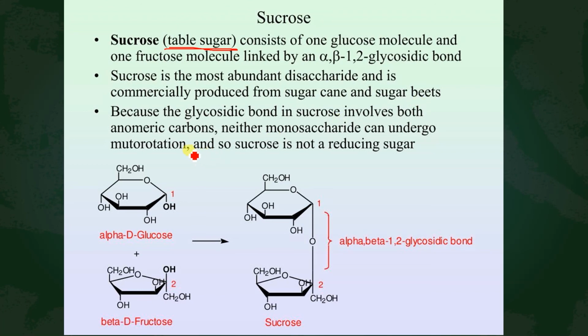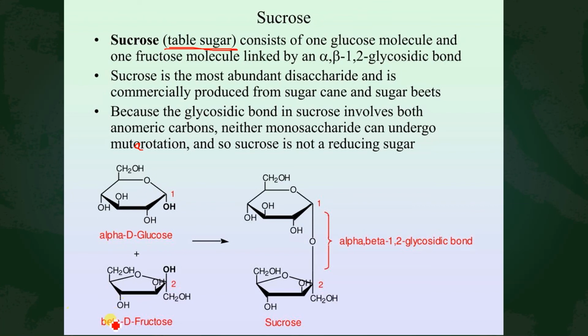Because the glycosidic bond in sucrose involves both anomeric carbons, neither monosaccharide can undergo mutarotation, and so sucrose is not a reducing sugar. What is this mutarotation? I will explain what mutarotation is.